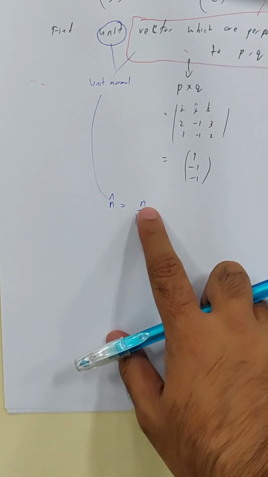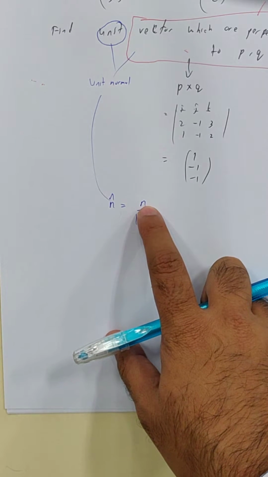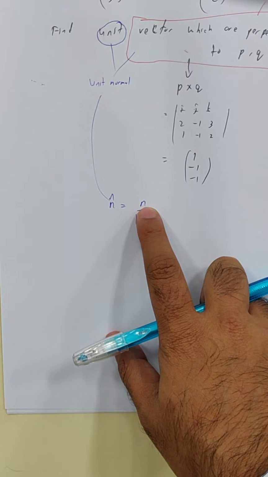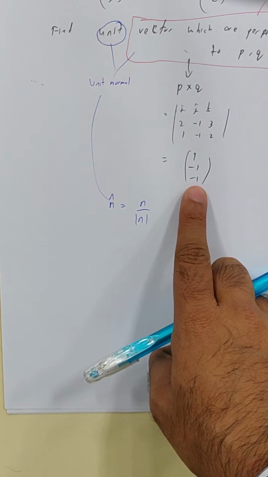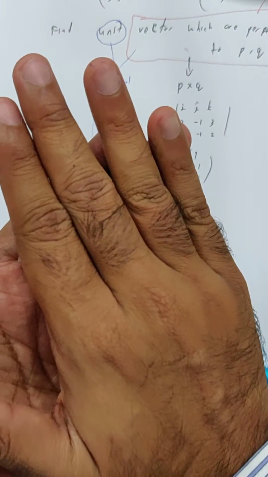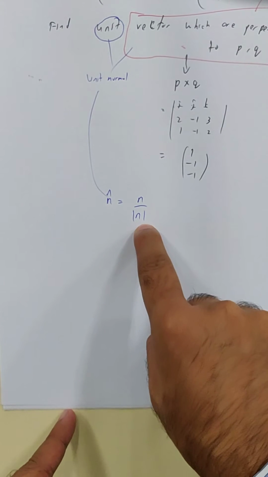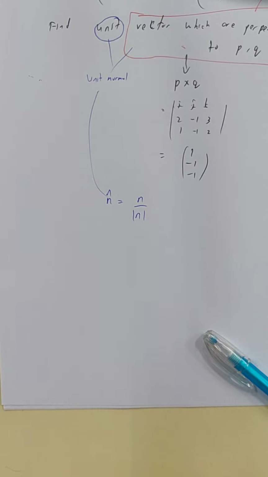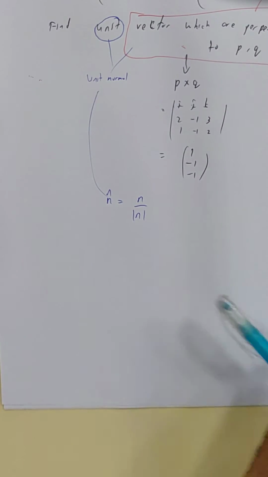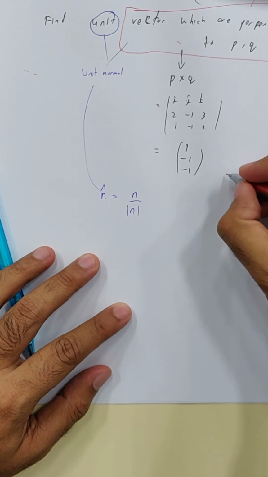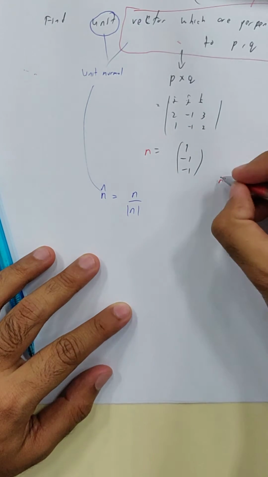Okay, how do you find n? We got it here, sir. Congratulations. How do you find n modulus? Square root, which is? You forgot plus. So this is our n.